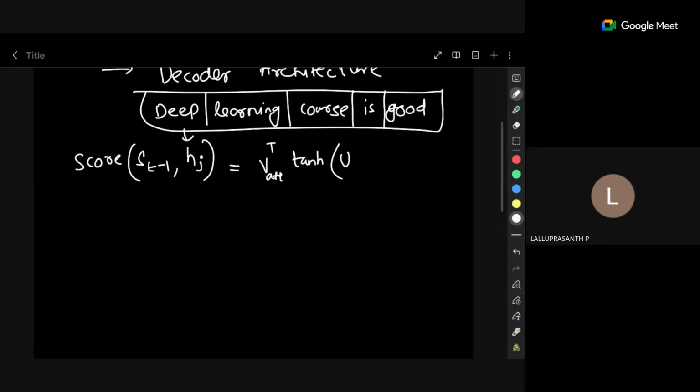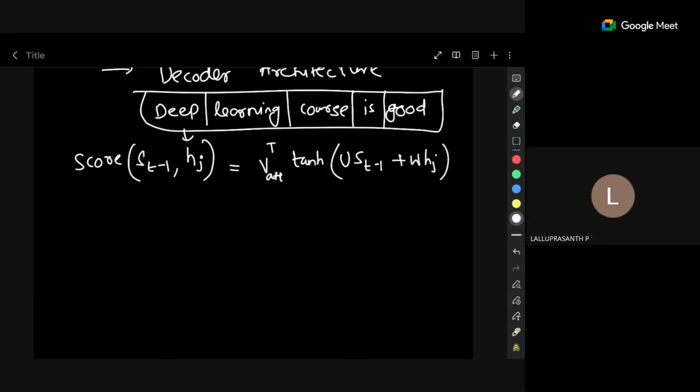Then there will be a U matrix, which multiplies with s_{t-1}, plus W, which multiplies with h_j. I've excluded the bias term here. It could be there, but we are not including it in our course slides. If you see it somewhere, it's the same thing.